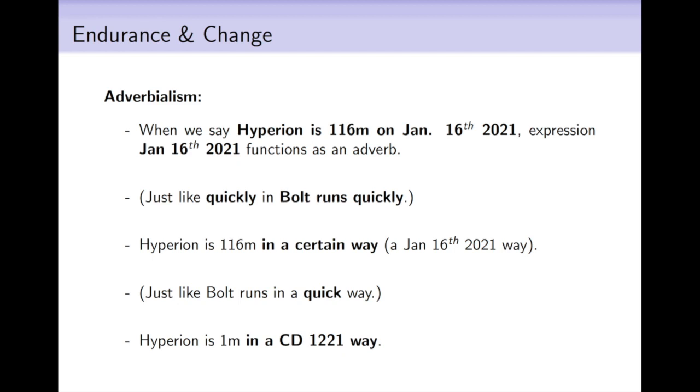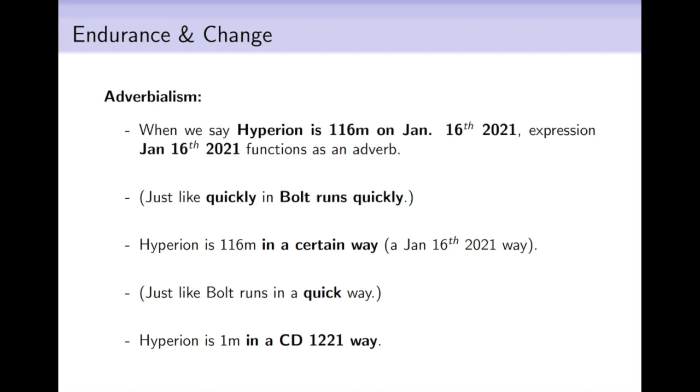Specifically, it's 116 meters tall in a January the 16th, 2021 sort of way, whereas it's 1 meter tall in a Christmas Day 1221 sort of way. So this is an odd way of speaking, no doubt, but nevertheless, the adverbialist reckons this is the best way of overcoming the problem of change.